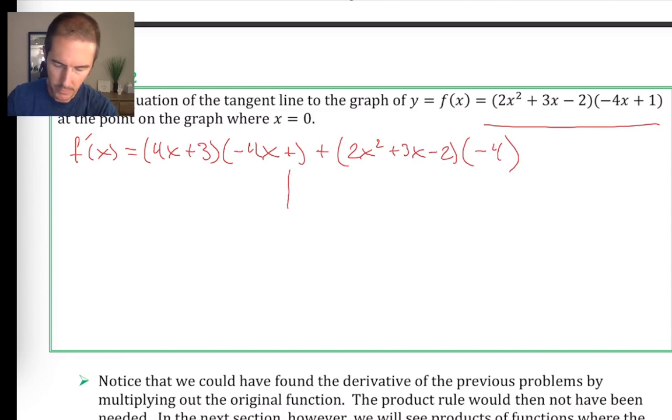I forgot to put the plus 1 in here, so let's make sure that that gets in there. Yep, that looks good. Okay, now let's distribute.